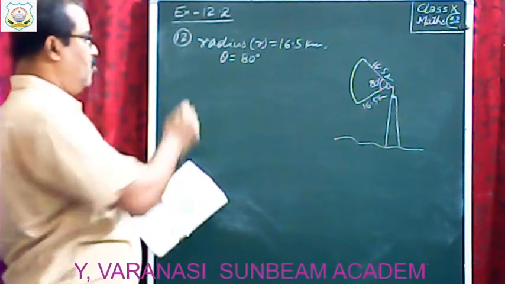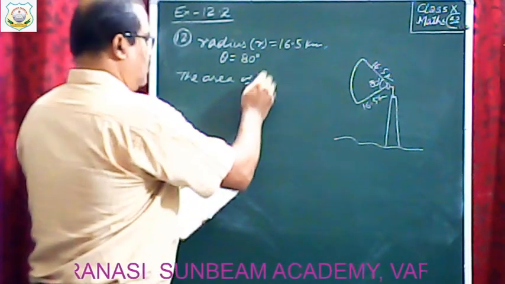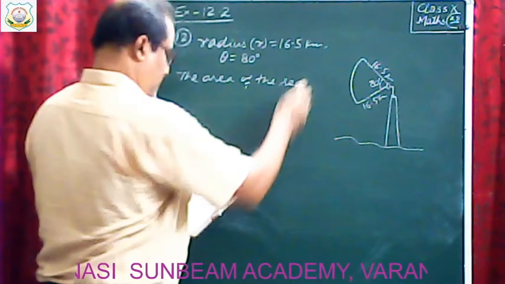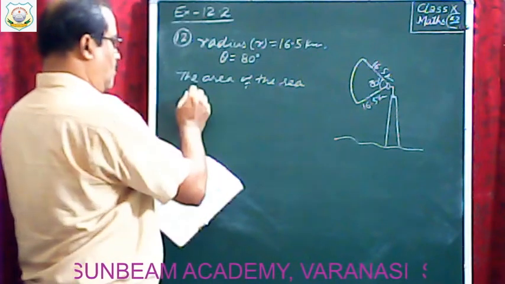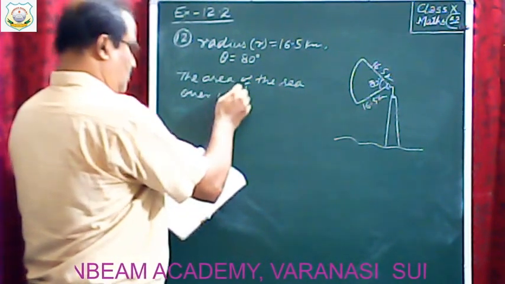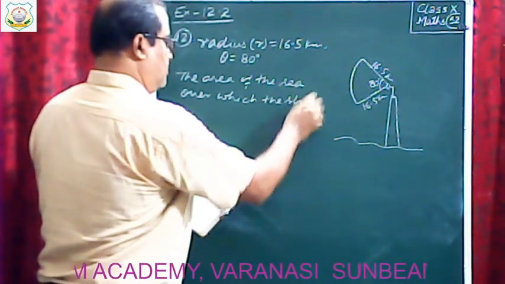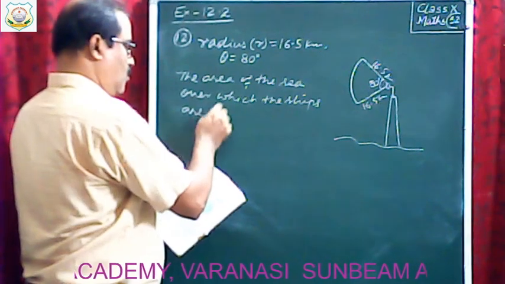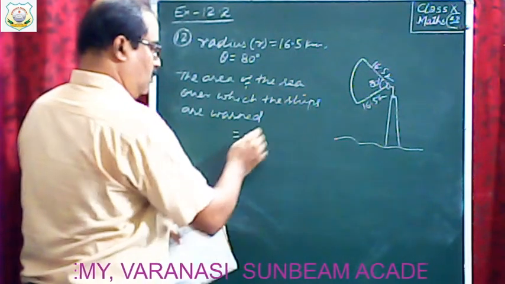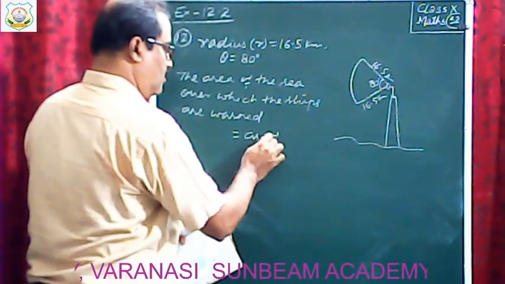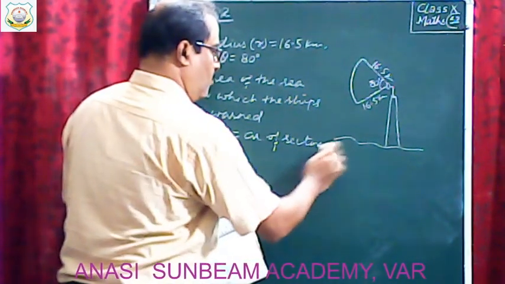Now thereafter, according to question, you have to write the area of the sea over which the ships are warned equal to area of sector formed.